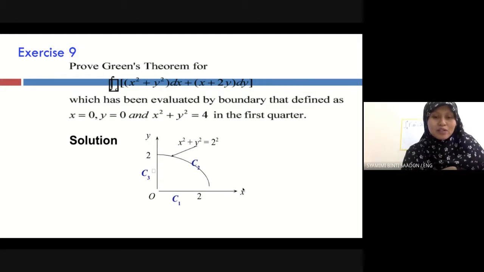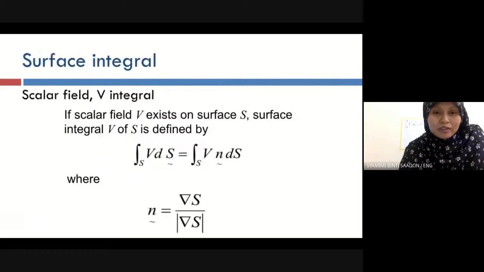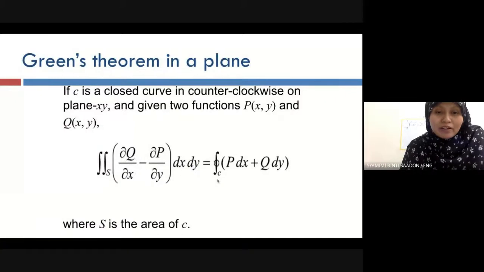This function is actually a whole circle, but since the boundary is x equals 0, y equals 0, we only sketch this plane, the first quarter. We don't have to do this, but if we calculate the integral of this, we can prove Green's theorem.